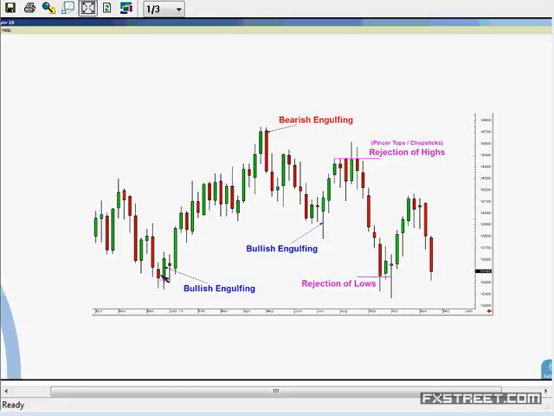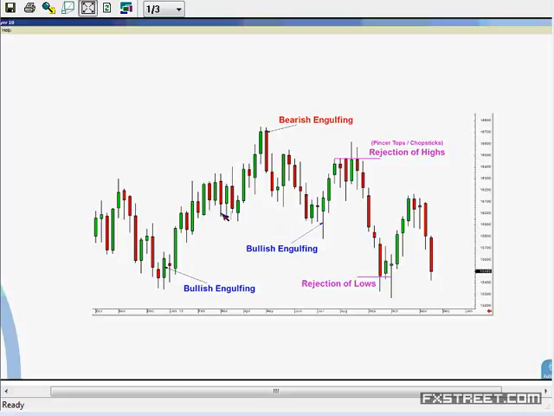So here again, bullish engulfing candle at the base, which is obviously where we want to be looking for them. We don't really want to be seeing engulfing candles in the middle of a trend. If they are, they're a continuation pattern. So here, bullish engulfing pattern moves all the way up to a bearish engulfing.